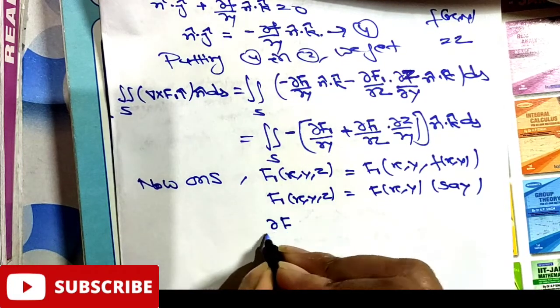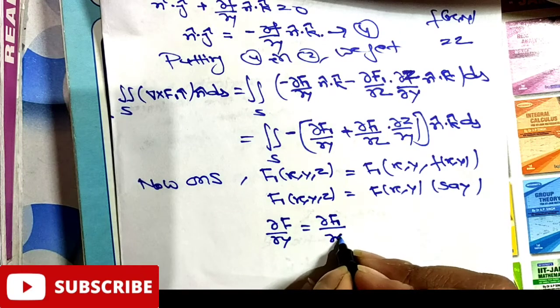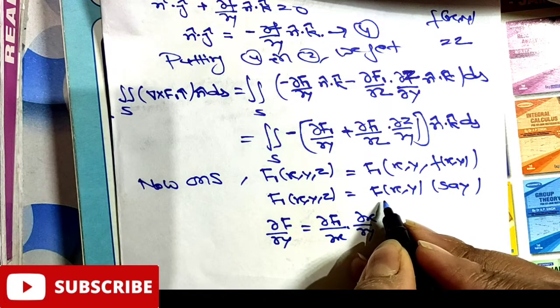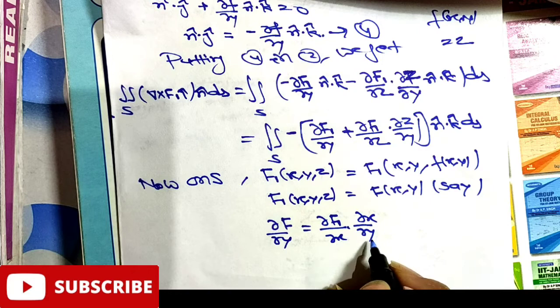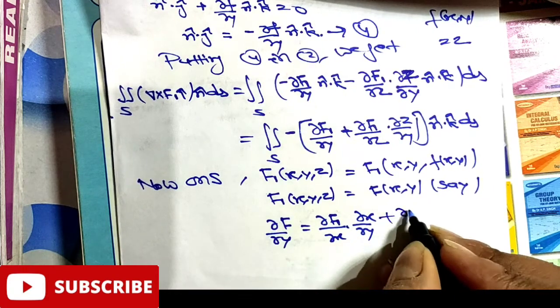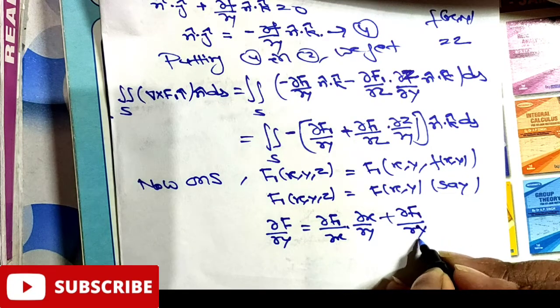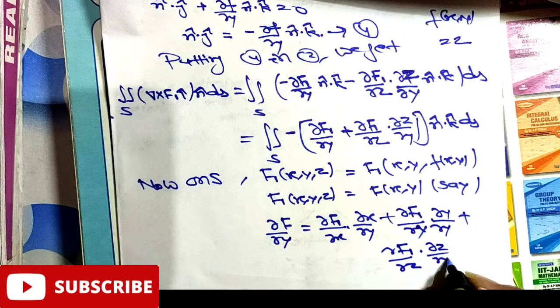Now this del F upon del y is equal to del f1 upon del x, del x upon del y. If we find the partial derivative of this capital F with respect to y, we get del f1 upon del x, del x upon del y, plus del f1 upon del y, del y upon del y, plus del f1 upon del z, del z upon del y.